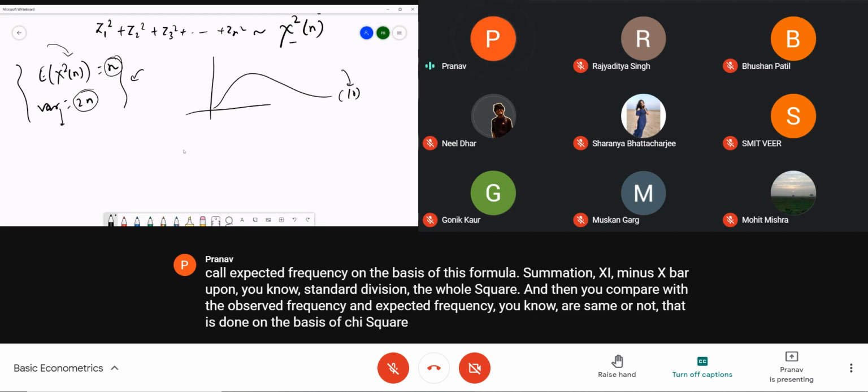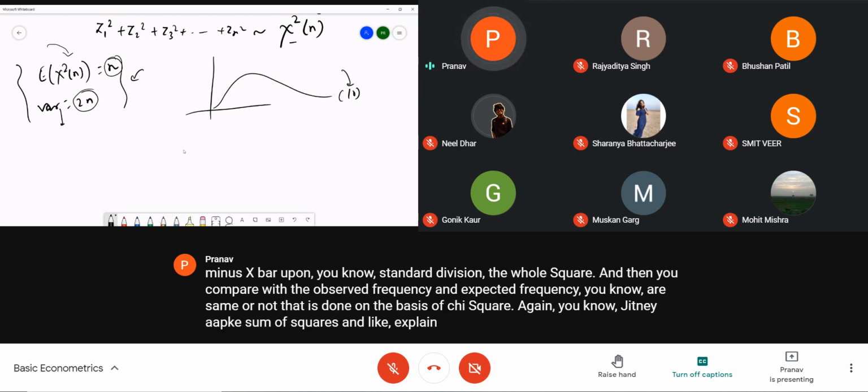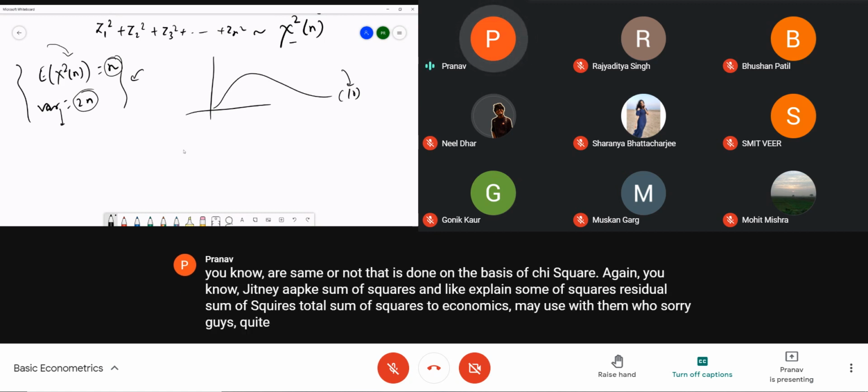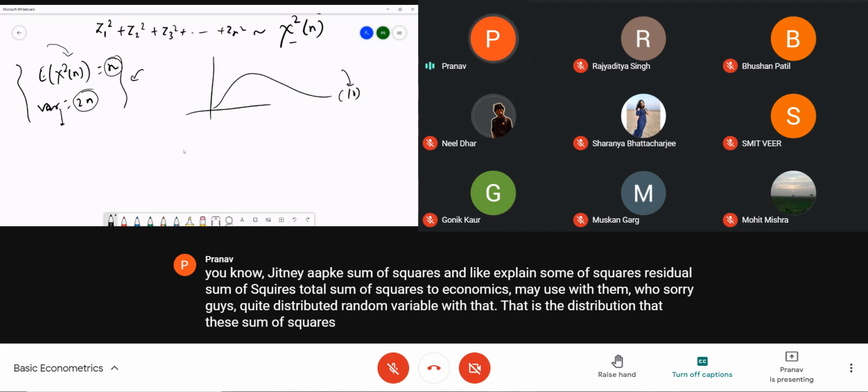Again, all the sums of squares used in econometrics, like explained sum of squares, residual sum of squares and total sum of squares, are chi-square distributed random variables. That is, the distribution these sums of squares follow is the chi-square distribution.